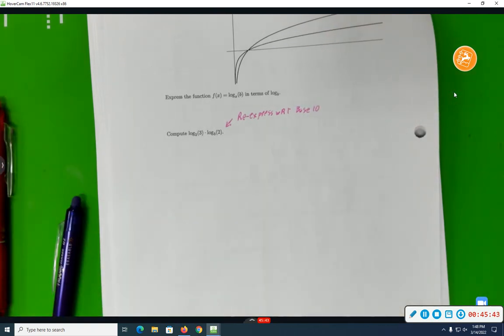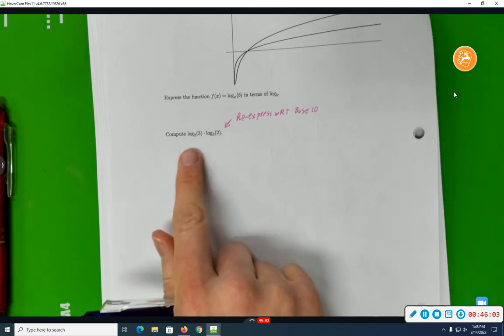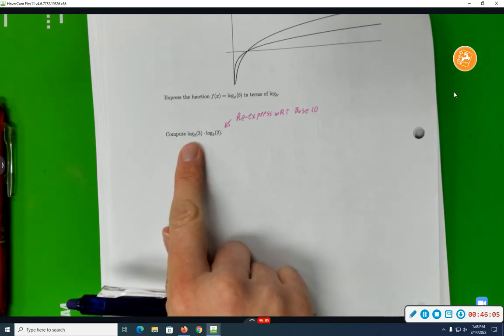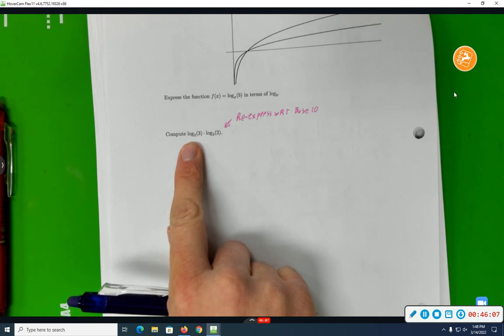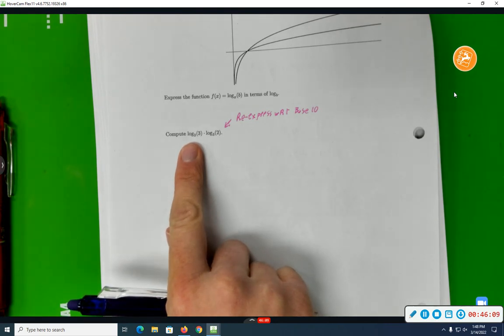All right, so maybe I should have put the rule here. Log base A of x. All right, so let's start with this log base 2 of 3. So if I want to re-express log base 2 of 3, what should I use for A?